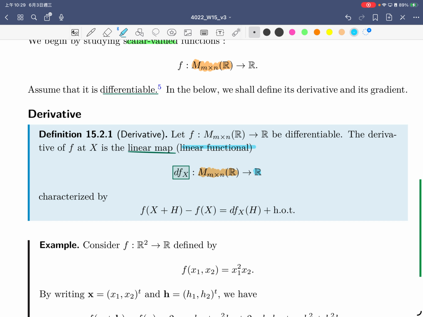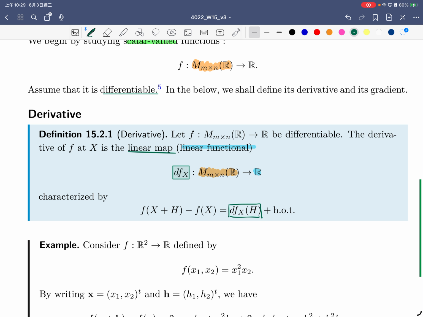And what is so special about this linear map? This linear map will fit into an equation of the form f(x+h) - f(x). So it looks like what you learned in calculus 1 when studying derivatives. And where does the linear map come from? The linear map comes from here. But they're not equal, okay?